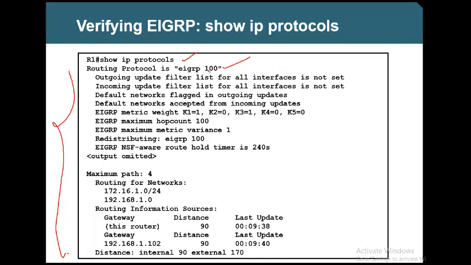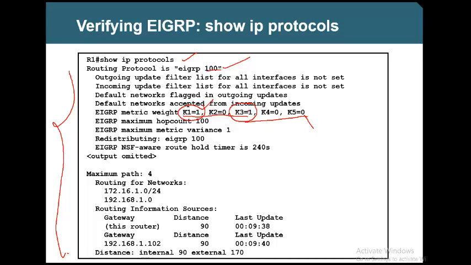EIGRP is running in autonomous system 100, and these are the metrics, the 5 K values. But if you notice here, only bandwidth and delay, K1 and K3, are 1. All others are multiplied by 0. Anything multiplied by 0 is 0.